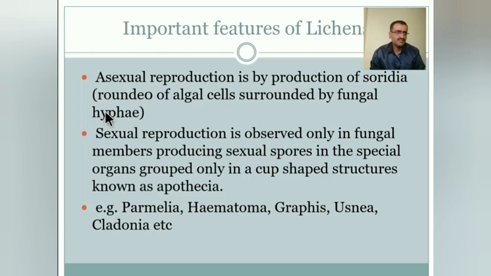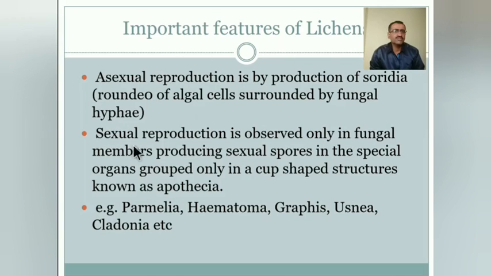It is again a combination of the algal and fungal parts. At the central part, the algal cell is there, and it is surrounded by the fungal hyphae; that is known as soredia. It is an asexual spore, and with the help of that soredia, a new lichen can be formed. That is the asexual reproduction.